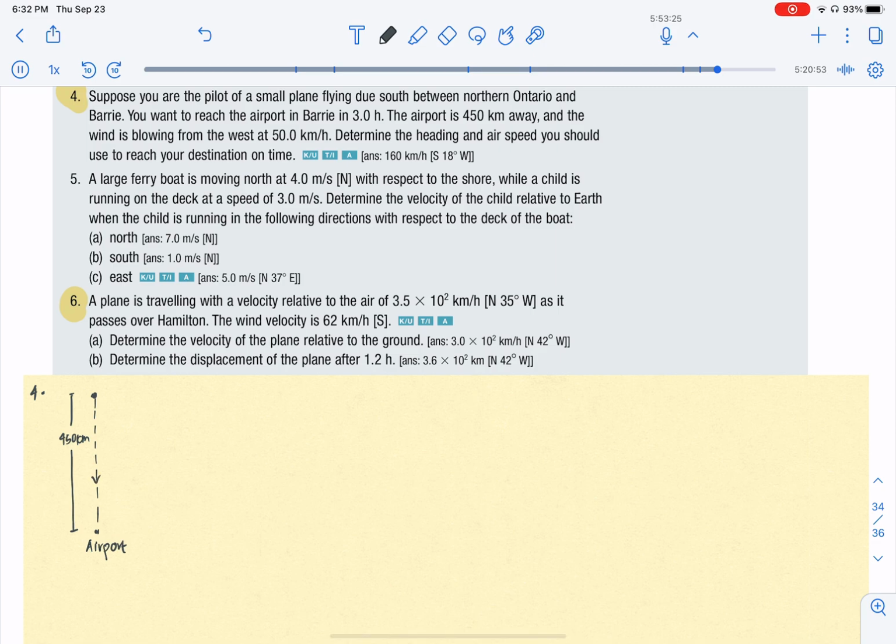So you're just defining what your variables are. We can go through each one too. We have VPA, which is the velocity of the plane relative to the air, and the velocity of the air relative to the ground. So you'd actually have three sentences here defining each variable, but I'm only going to write one on my screen.